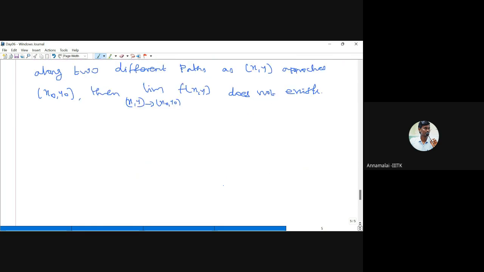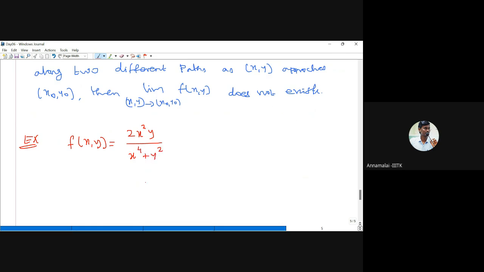So, for example, suppose the function f of x comma y is defined to be 2x square y by x power 4 plus y square.